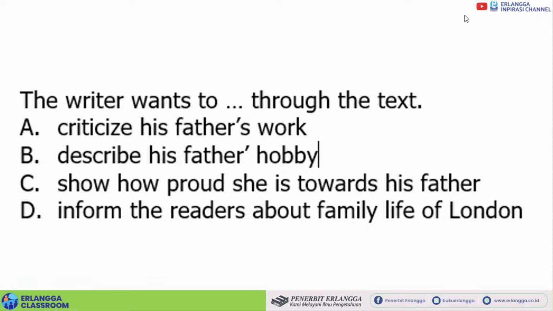This is tricky. Silakan. So it is A, to criticize his father's work, or to describe his father's hobby, or to show how proud she is towards his father, or to inform the readers about family life.